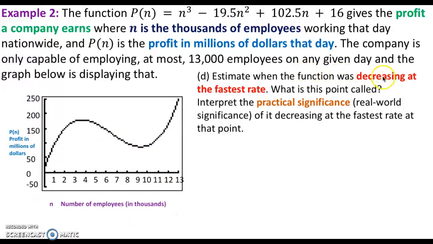But it's asking, where is it decreasing the fastest? In other words, where is it the steepest? Where is it getting the steepest rate of change there? The inflection point, the point of inflection, actually is the point where the function will increase or decrease at the fastest rate.